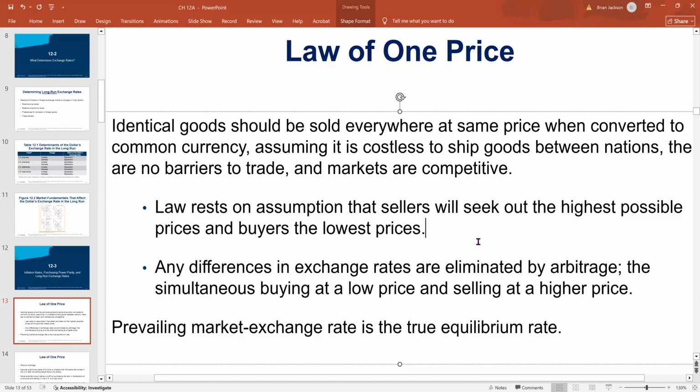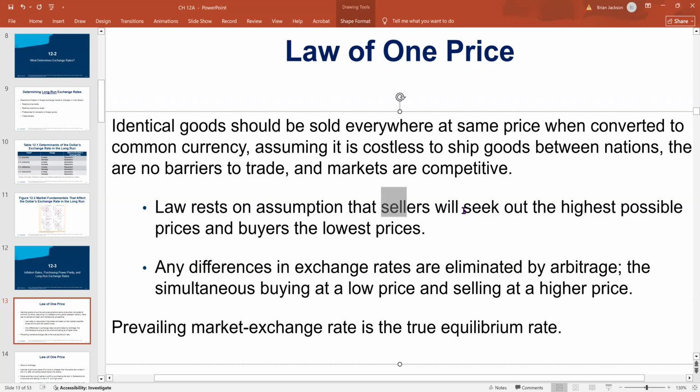If you can buy beef in one country at a real cheap price and turn around and sell it in another country at a very high price, and there's no cost associated with shipping and so forth, that's called an arbitrage opportunity. If you can do that all day long, buy low, sell high, just by moving the commodity from one place to another, we're going to assume that can't happen.